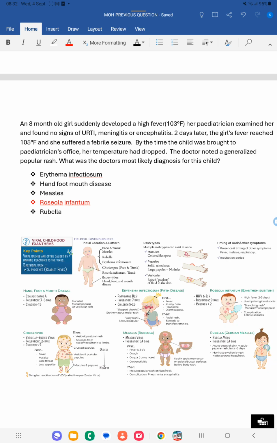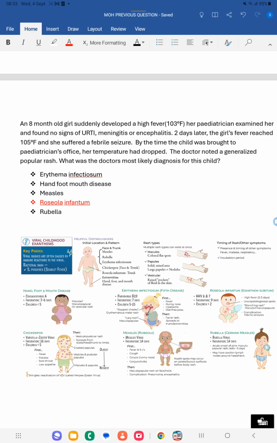Two days later, the girl's fever reached around 105 degrees Fahrenheit and she suffered a febrile seizure. By the time the child was brought to the pediatrician's office, her temperature had dropped and the doctor noted a generalized papular rash. What was the doctor's most likely diagnosis for this child?